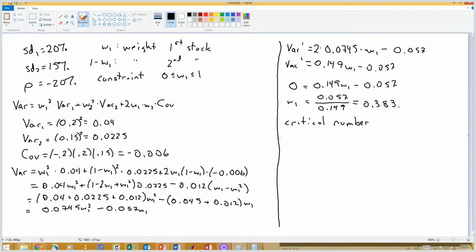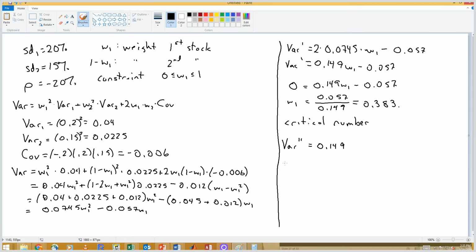And we want to check whether this is a maximum or a minimum. So we will just check, we'll take the second derivative. So the second derivative of variance is 0.149.